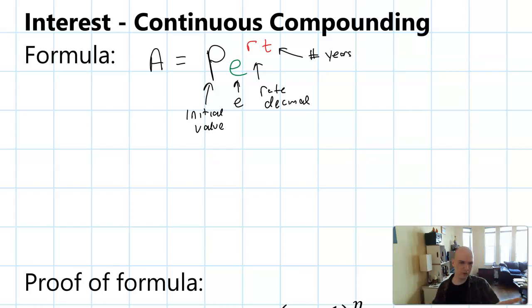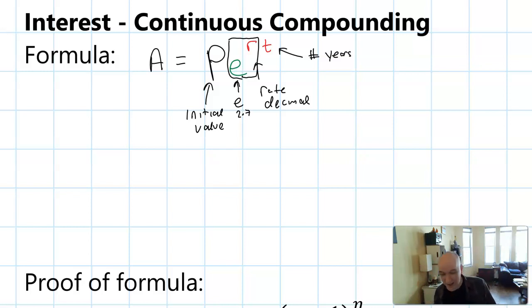And this is a little bit goofy, and we'll probably explore this more when we get into logarithms and start playing around with those log base e's. But remember that e is like 2.7, so we are still experiencing exponential growth, because even if the rate is a decimal, e to the r is going to be greater than 1, so we're still looking at some exponential growth. It's just, how does that come in? Where does that e come from?